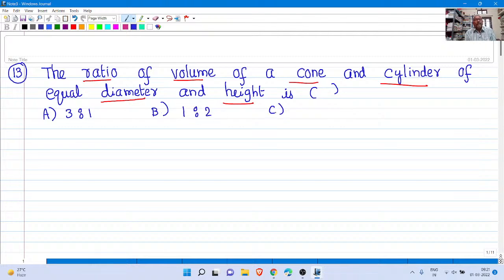It's a very important question to be discussed. 2:1, it will be important for even board examinations also. 1:3. So that means we need to find out the ratio of volumes of a cone and cylinder that have the same diameter and height. So now the cone, this is the cone, right?